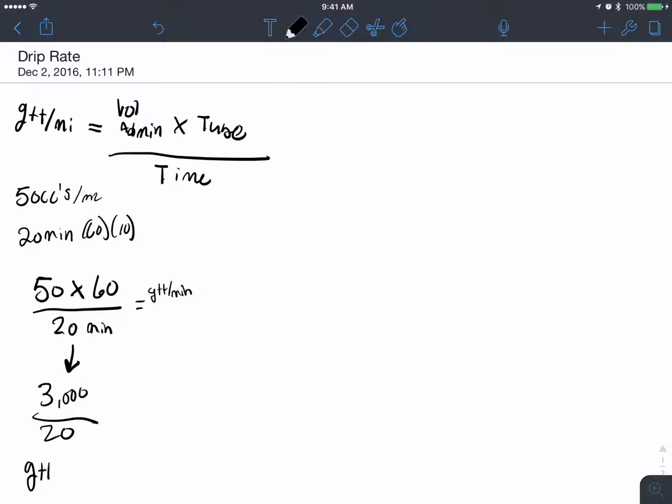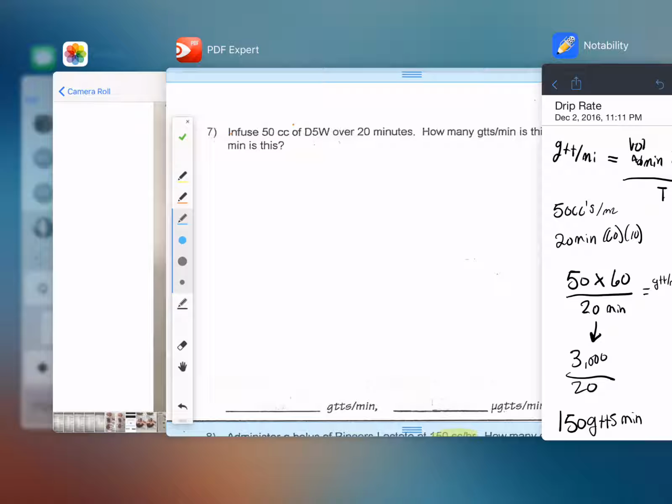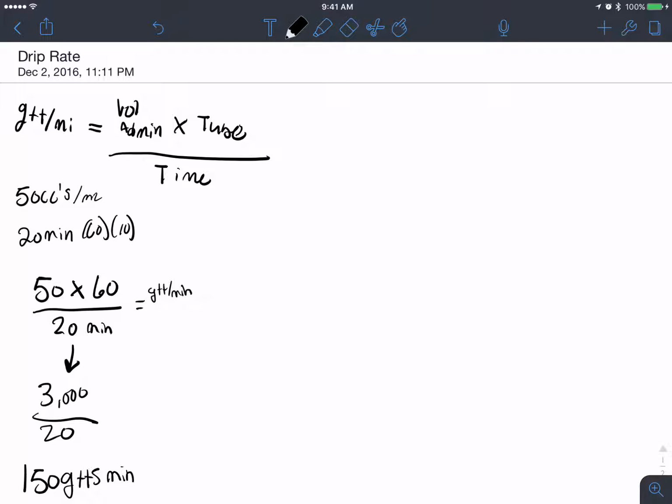So our answer is going to be, let me write it out to where it makes more sense, 150 drops a minute. Now, in this problem, I do believe that sometimes it expresses gtts. But anyways, we'll get into that a little bit later.